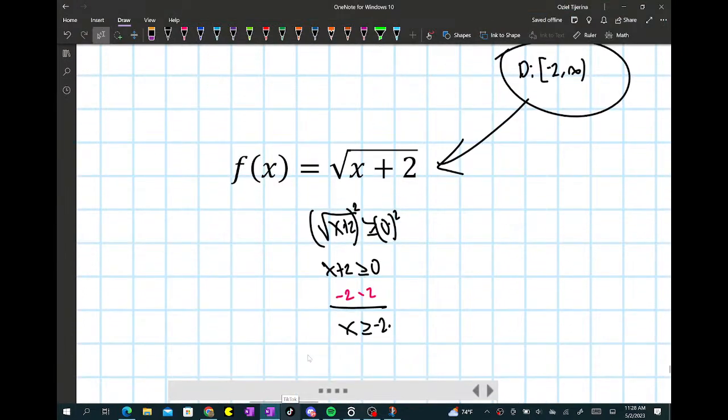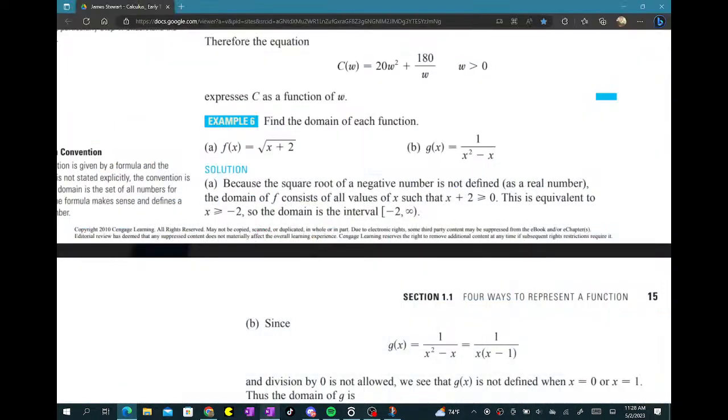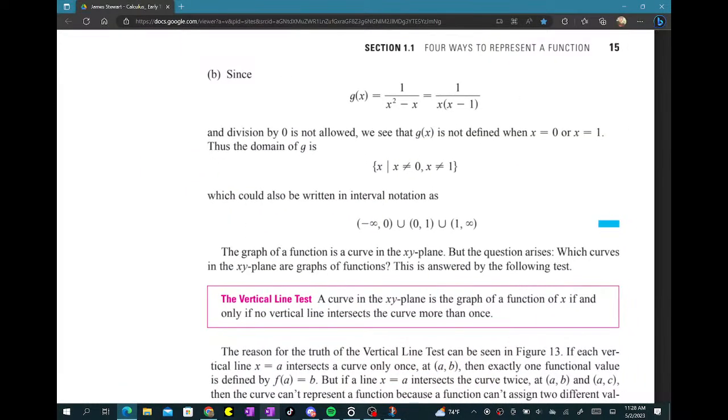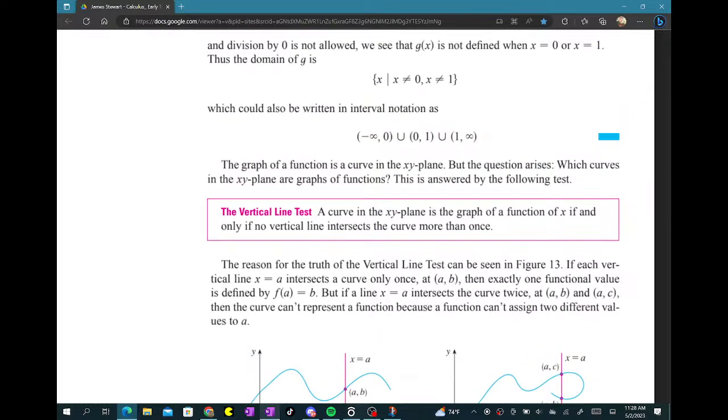I hope I did the other one. Yeah. Okay, so right here you can see that this is how it goes. Now, of course, we learn about the vertical line test, which tells us if f is a function or not. Let's read up here.